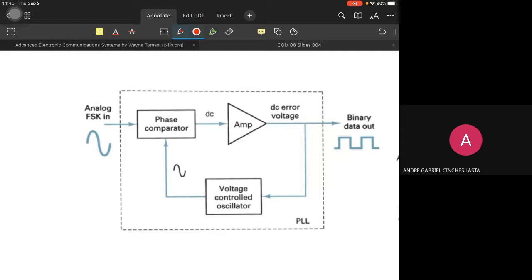So in this case, the reference is the output of a VCO. So kung in phase, it might be ang frequency sa reference is the same sa carrier frequency sa source.